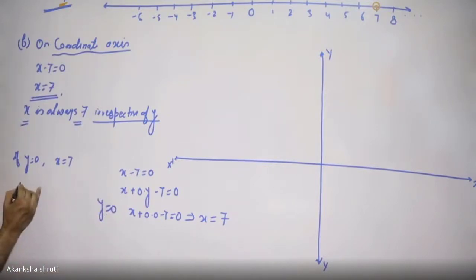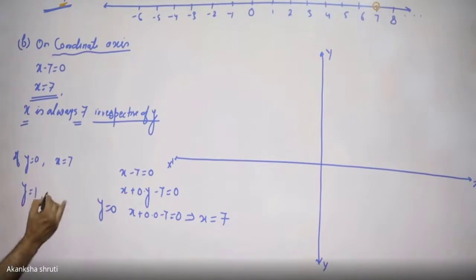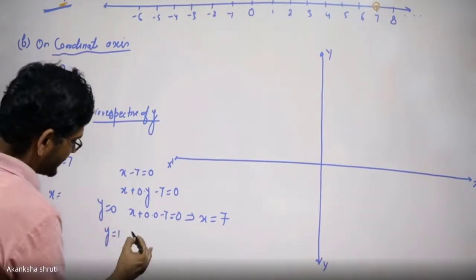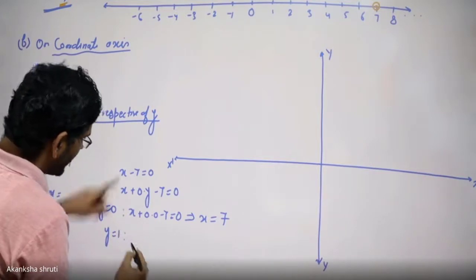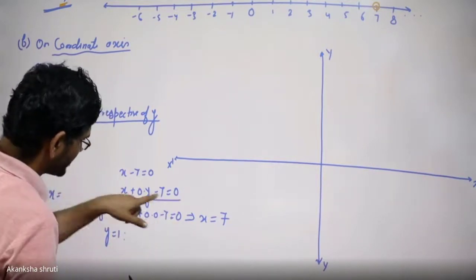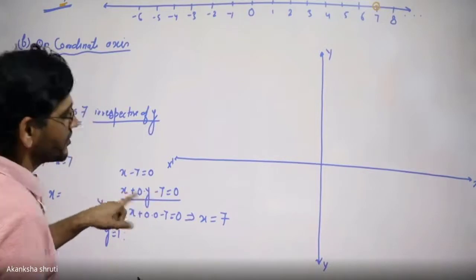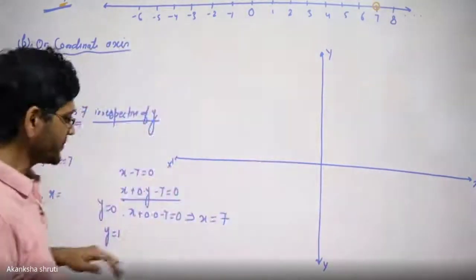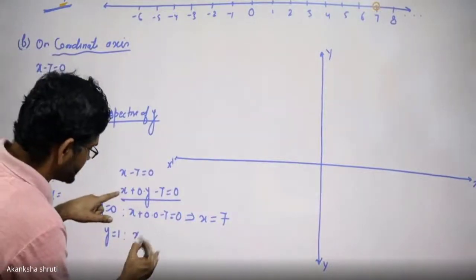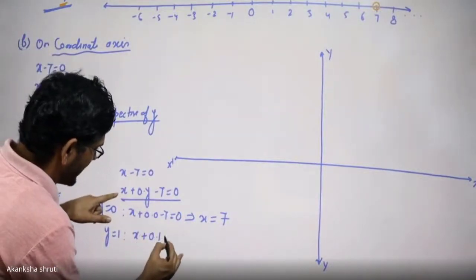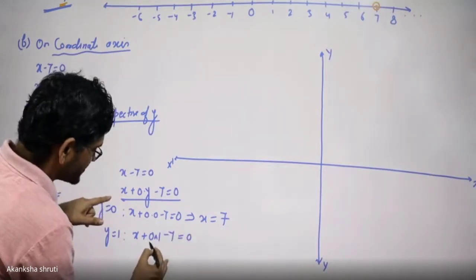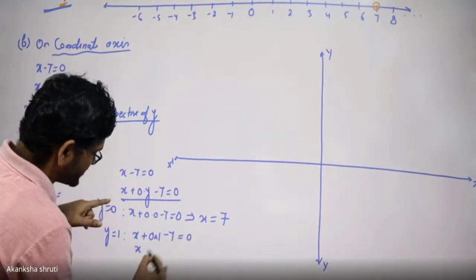Students, if we take y equal to 1, what will be the value of x? Substitute this 1 in the equation we have written in two variables. Why two variables? We need the two axes. Then it is x plus 0 into 1 minus 7 is equal to 0. Students, 0 into 1 is still 0.